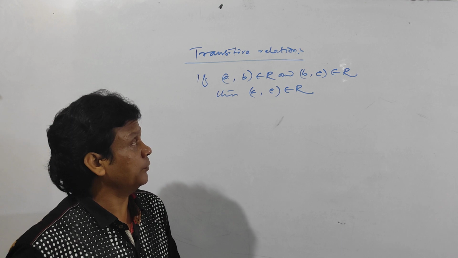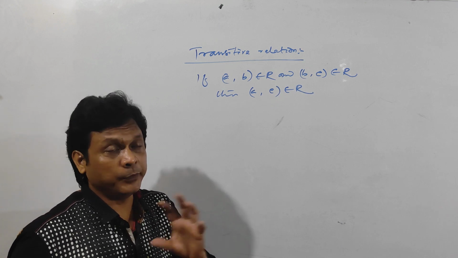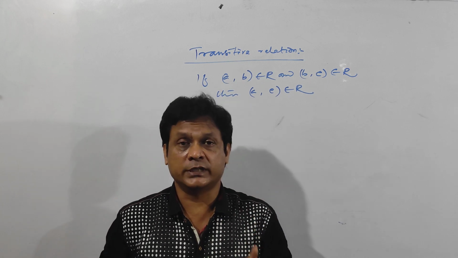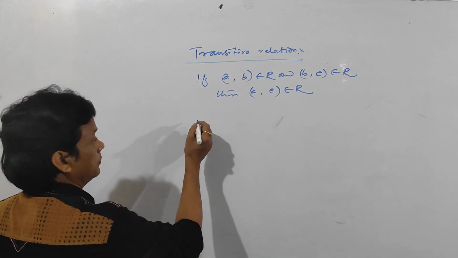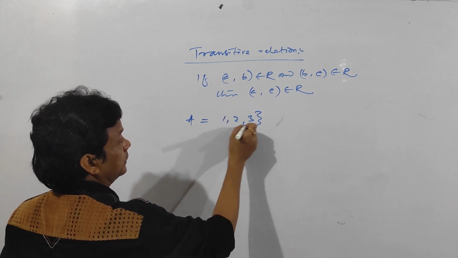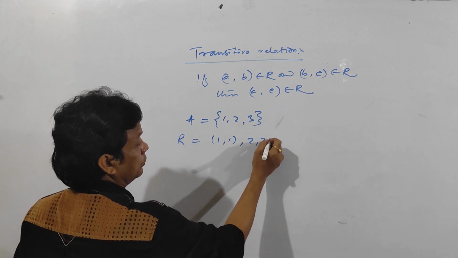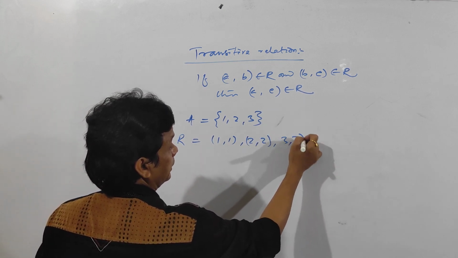Another important thing I am going to tell you. Many people are saying the wrong concept on transitive relation. See here, if A is equal to {1, 2, 3}, and if I give you the relation R is equal to {(1,1), (2,2), (3,3)}.